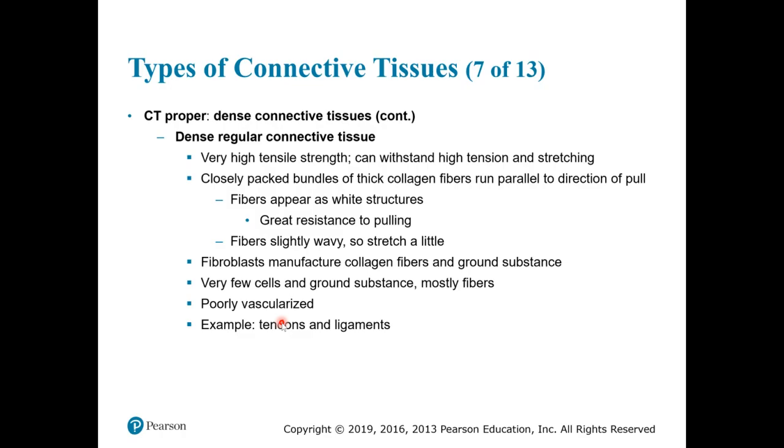And that means that the nutrients and raw materials that those structures need to heal themselves arrive very slowly. And these are one of the soft tissue injuries I was talking about earlier, where it's going to take a long time to heal because they just don't have that much of a blood supply. It's mostly fibers. So let's look at the picture.